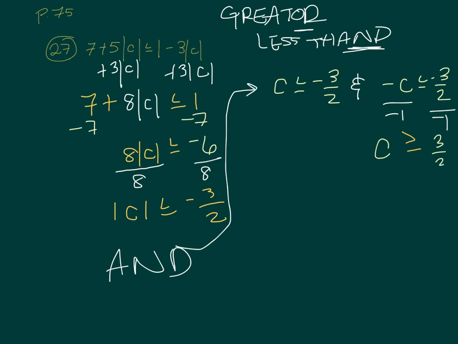So now what I see is c is less than or equal to negative 3 halves, and c is greater than or equal to 3 halves. This is starting to seem a little strange, but I'm going to graph it just to see what's going on.